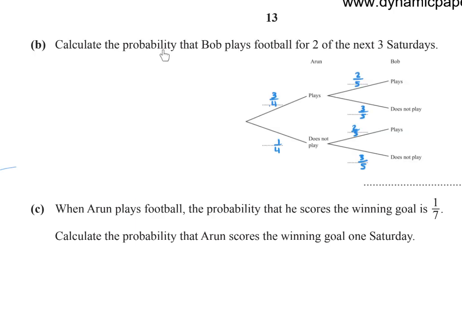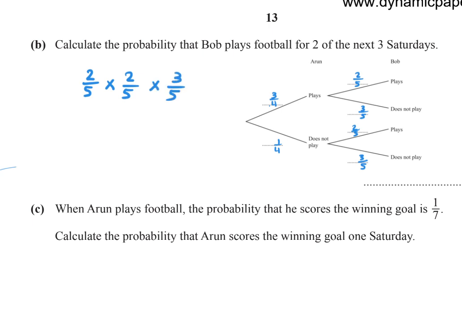B. Calculate the probability that Bob plays football for 2 of the next 3 Saturdays. The probability for Bob to play on any Saturday is 2 over 5. So the probability to play in 2 Saturdays is 2 over 5 times 2 over 5, and the probability to not play is 3 over 5.